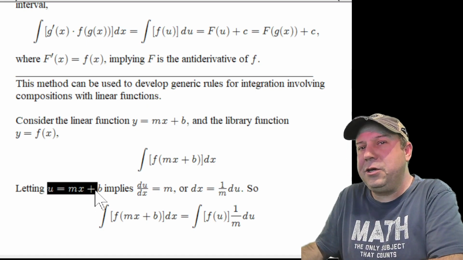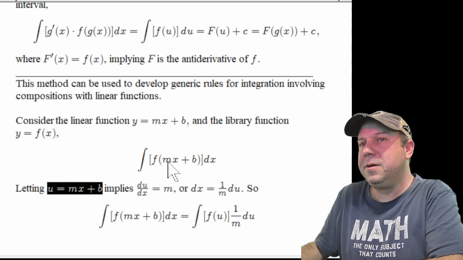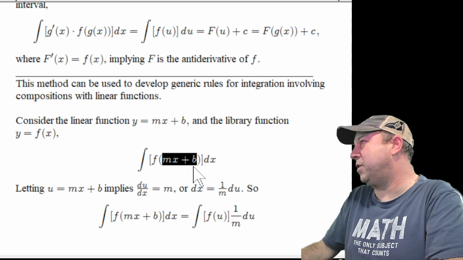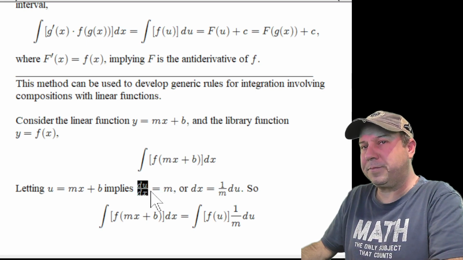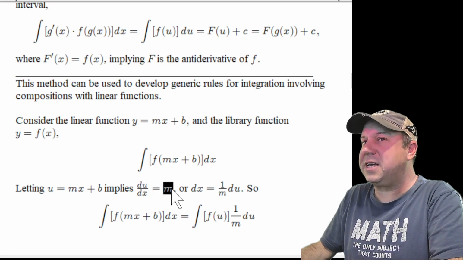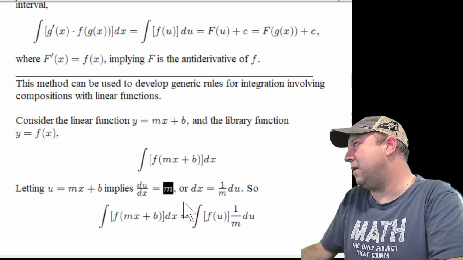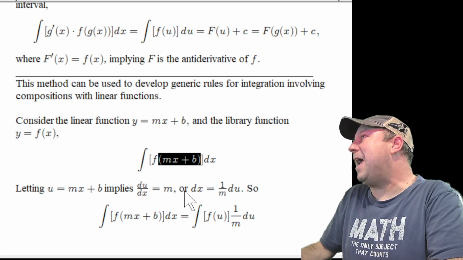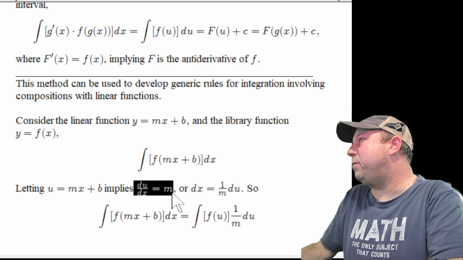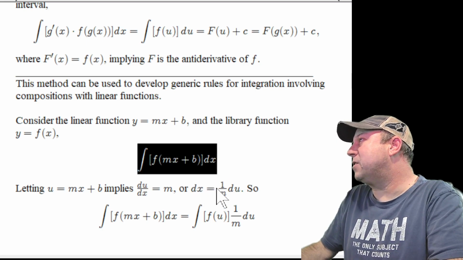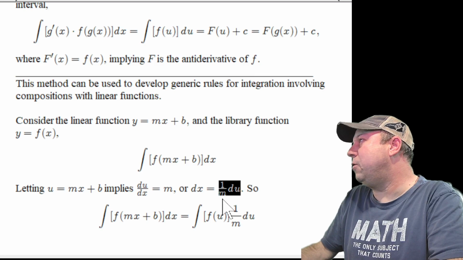You can let u be the linear function mx plus b, that is the interior function in this composition. And that will end up implying that du will equal just the constant value of m, the slope of that linear function. And with a little bit of algebraic manipulation, we can show that the value of dx can be expressed as 1 over m du.